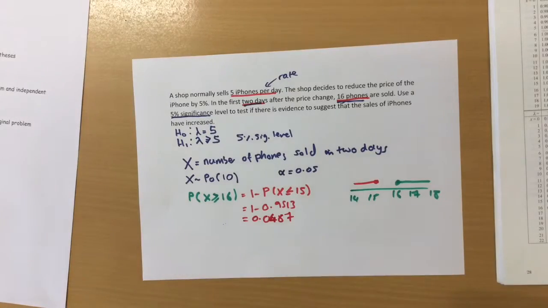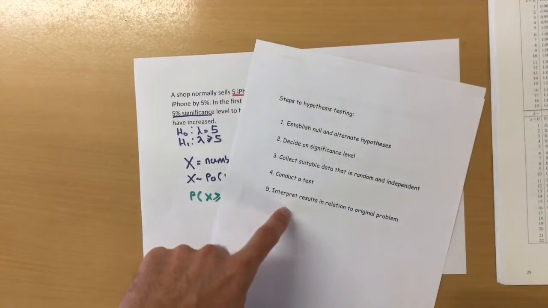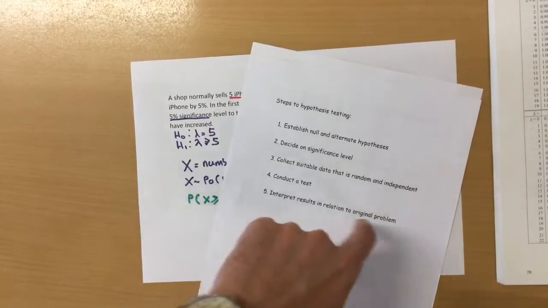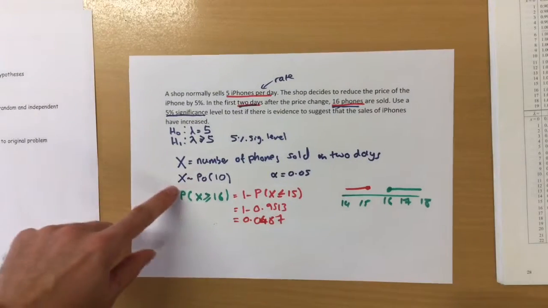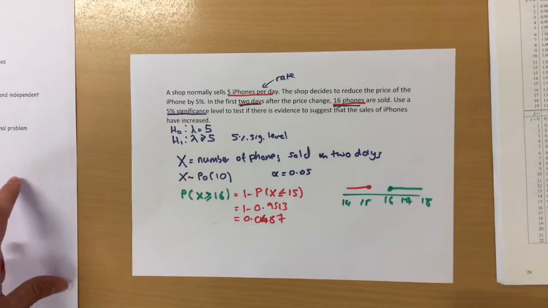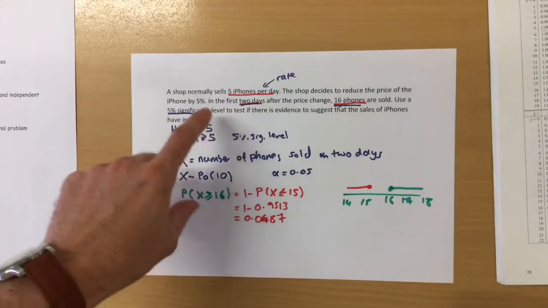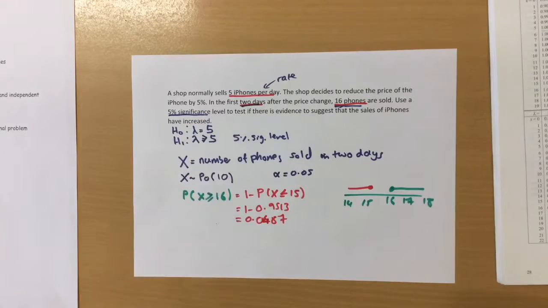So the question is now to you. You did our test, now interpret it in relation to the original problem. Is there enough evidence at the 5% level to reject our initial hypothesis?